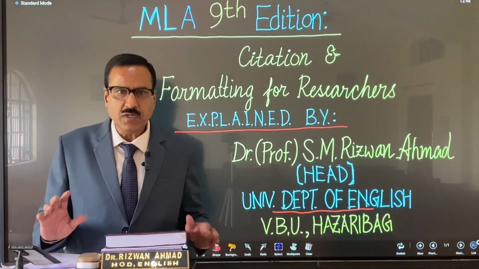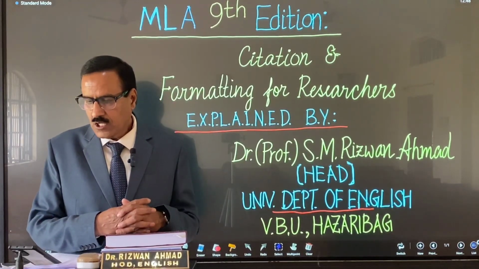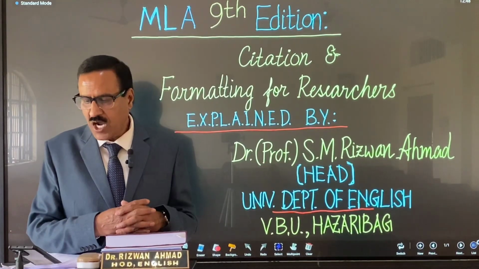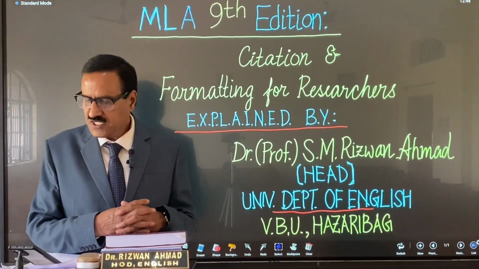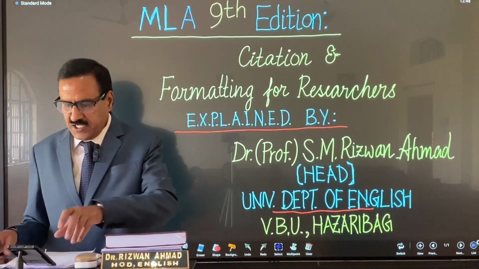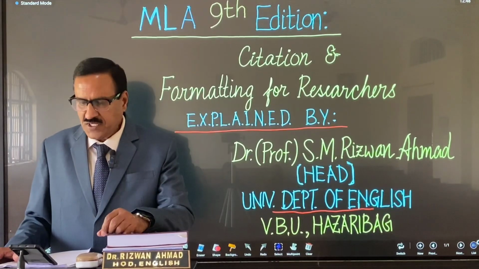The next point which should be given emphasis is location. Cite page numbers if a work is part of a larger published collection. DOIs, that is, digital object identifiers, are preferred for online sources.